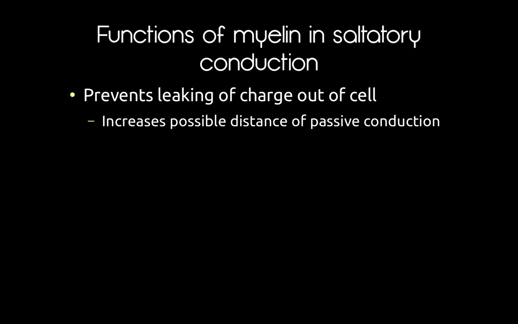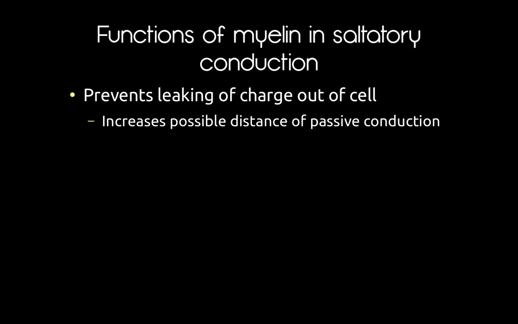This passive conduction is really fast, so we want to use it as much as we possibly can. We want as long distances as we can get out of it. If we myelinate or insulate these axons, we get the most bang for our buck out of passive conduction. We can make it go as far as we possibly can.